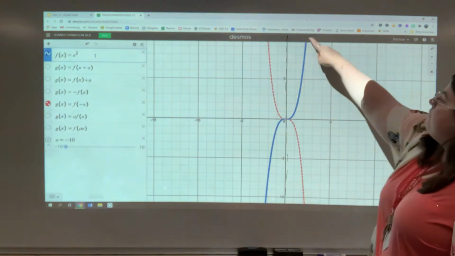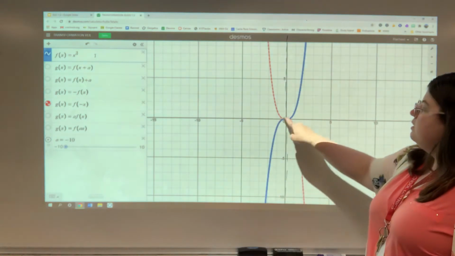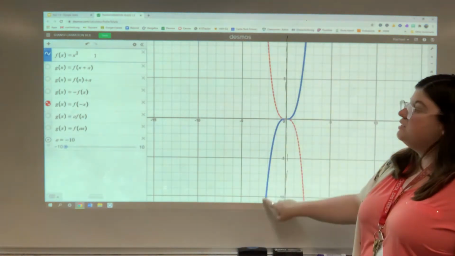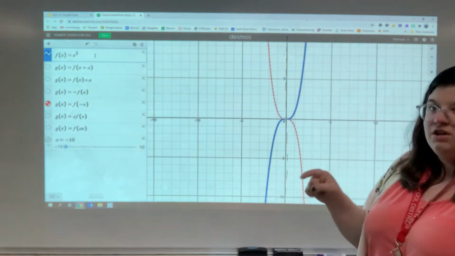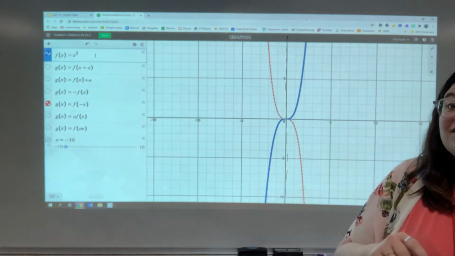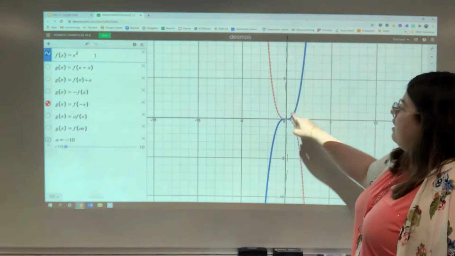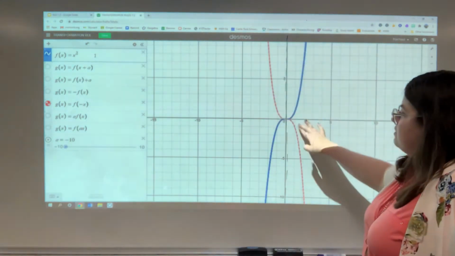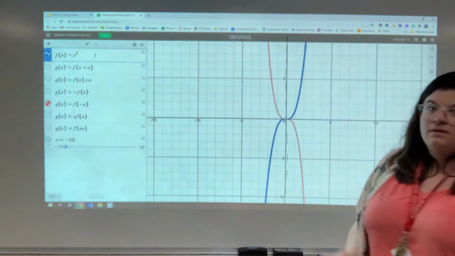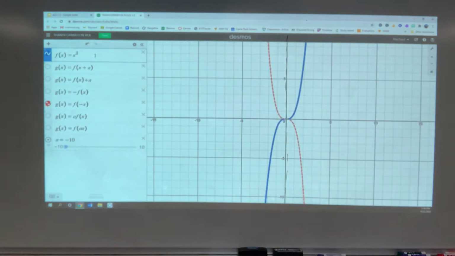So this is the graph of x cubed in blue. With that transformation turned on, g of x equals f of negative x, I see now a reflection across the y-axis, all right? So it holds true for any function.